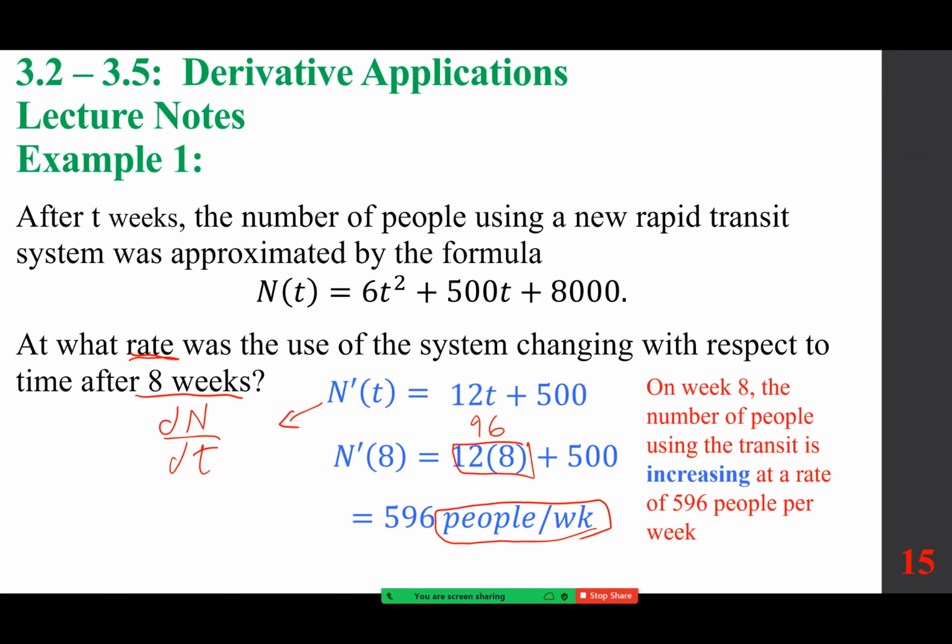It means on week 8, the number of people using the transit is increasing at a rate of 596 people per week. And why are we using increasing? Because this number is positive. If it's negative, we would use decreasing.